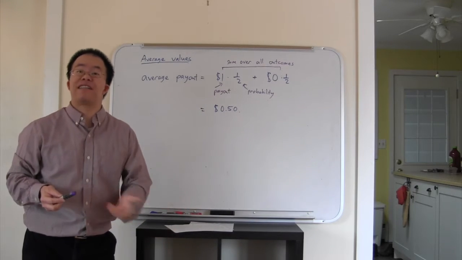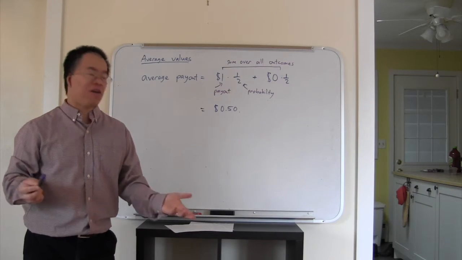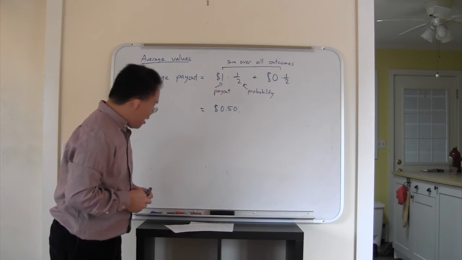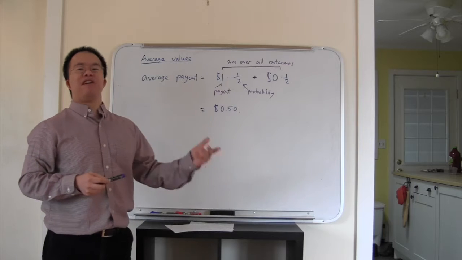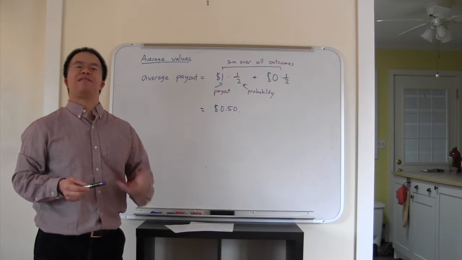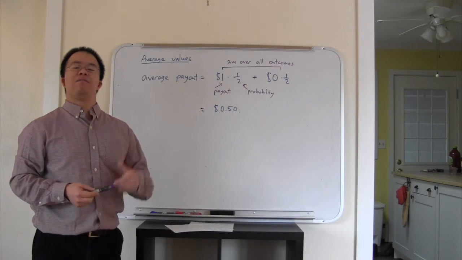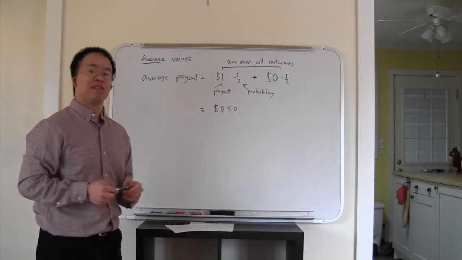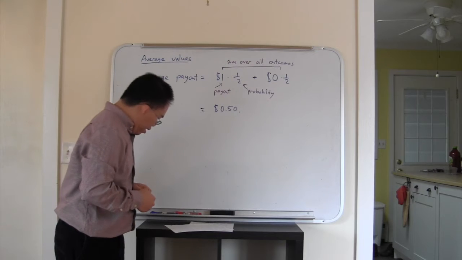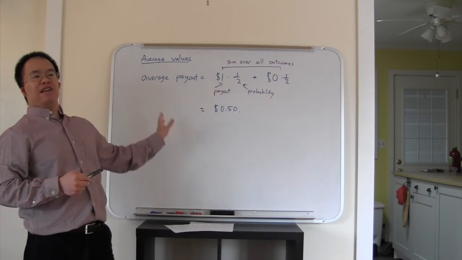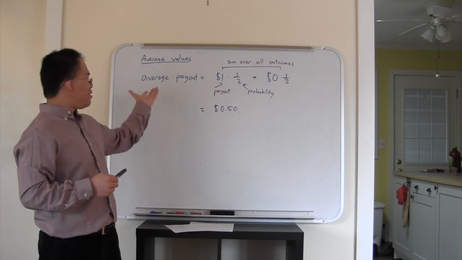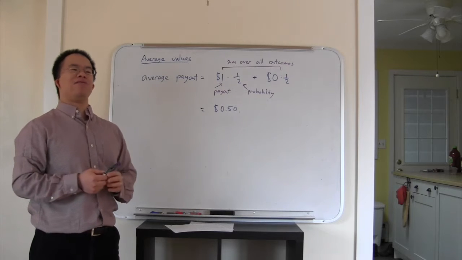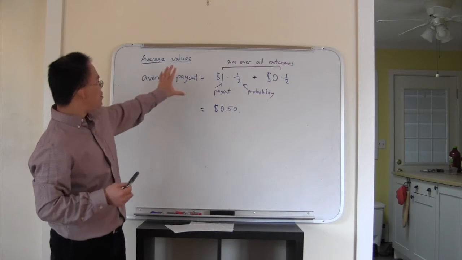You either get $1 or you get nothing. The average payout just represents what you might get on average when you do this many times, not something that could actually happen.